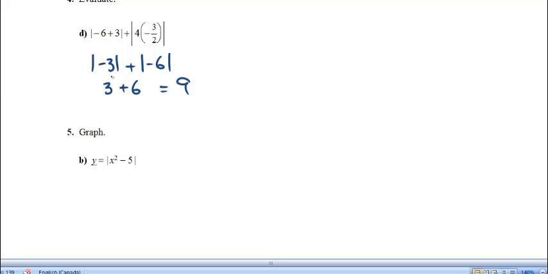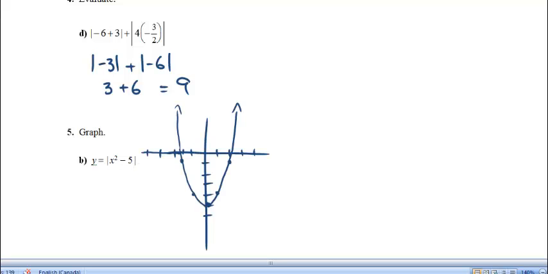Now, when I graph something like this, we're graphing the absolute value of x squared minus 5. When you graph y equals x squared minus 5, that's just a parabola with a vertex at 0, -5. That's a parabola that's been moved down 5.